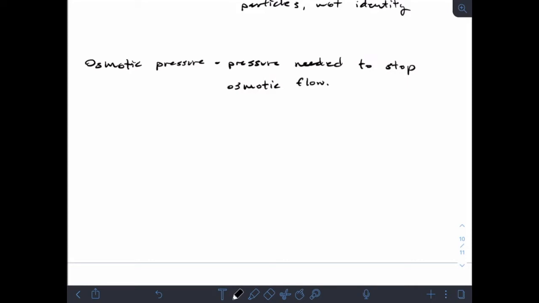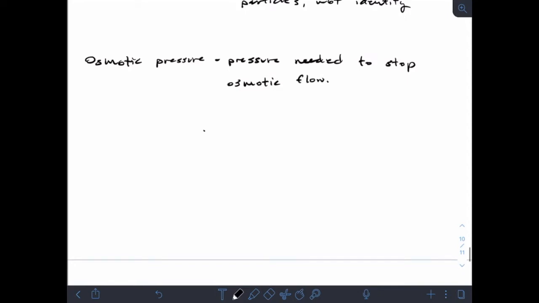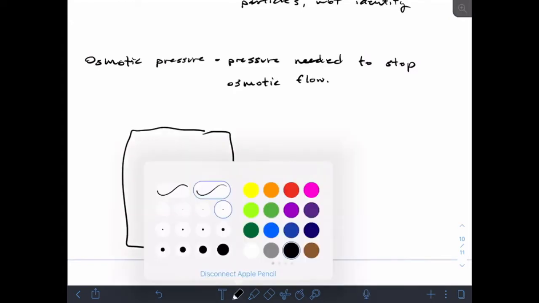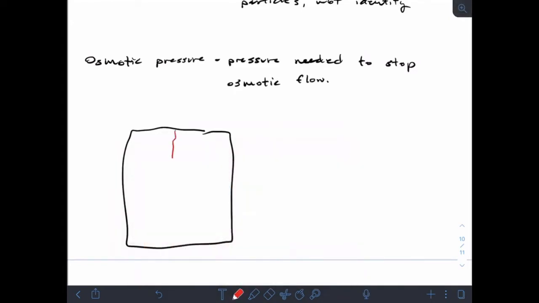So imagine that I have a container, and it's separated down the middle by a semi-permeable barrier. Okay, so I've got this container here, and running down the middle, I have some sort of barrier that is semi-permeable.